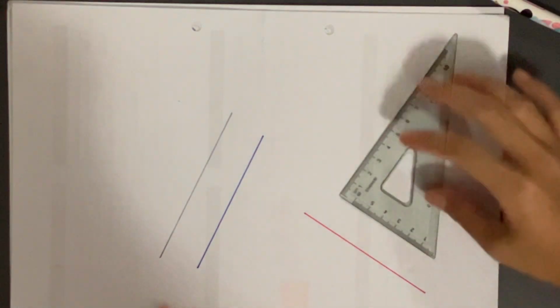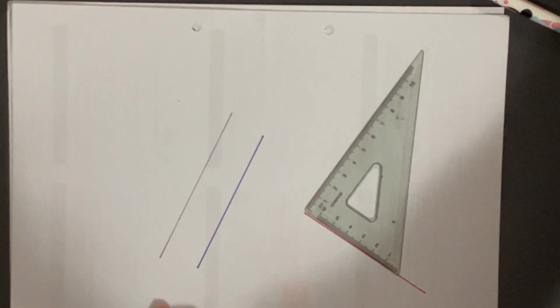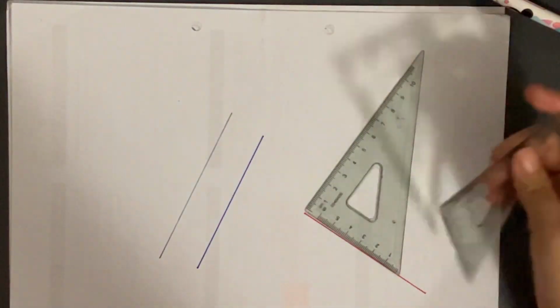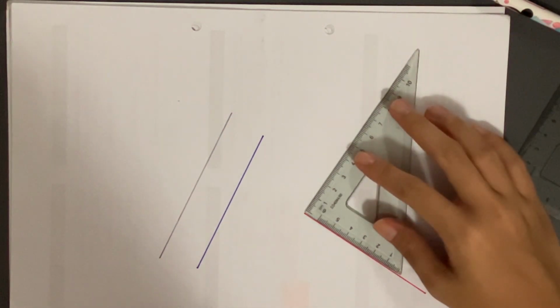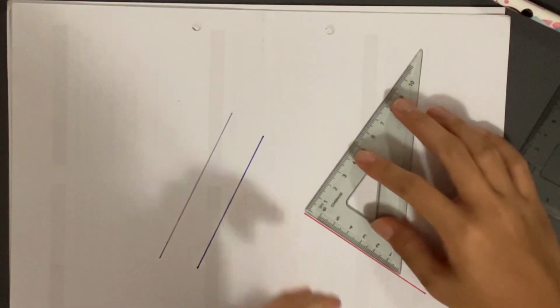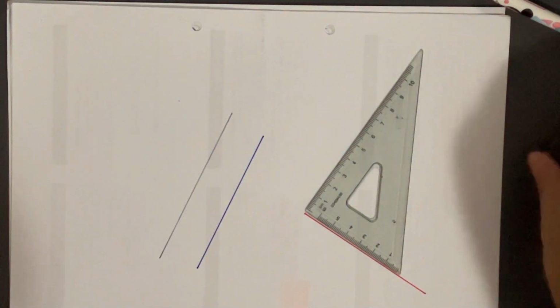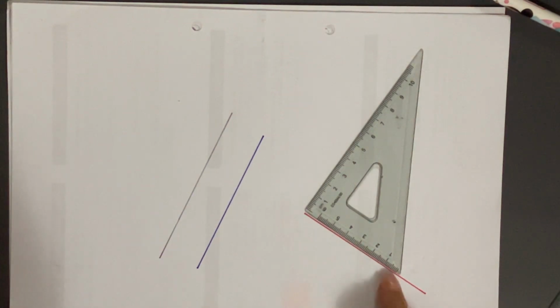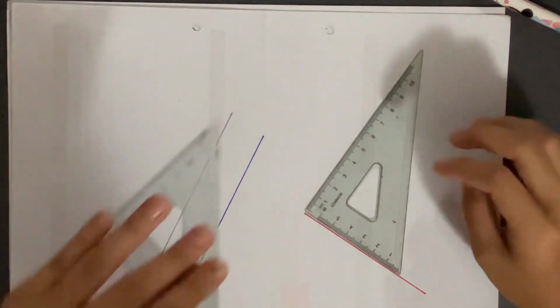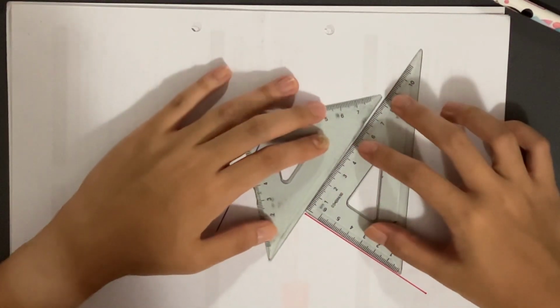Now let's try the other way, using the shorter side. It doesn't matter that the set square is shorter than the line, because we're not looking at the length. Same thing: I will look at the side that's perpendicular to this side of the set square, which is here. I will put my other set square here.